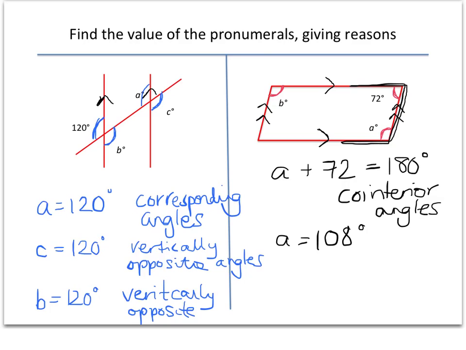Okay, and similarly, B is actually a co-interior angle to that as well. So if I draw another, you can see a sort of, even though it's upside down, we still have a C shape there. So B plus 72 degrees must also equal 180 degrees. So B must be 108 degrees as well.